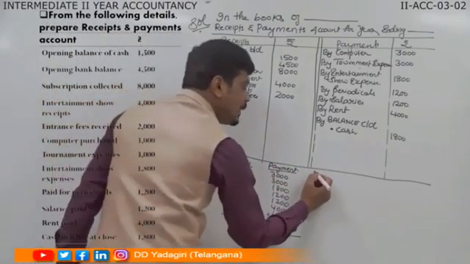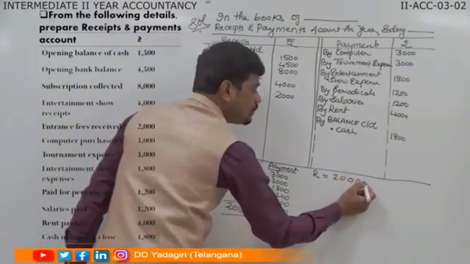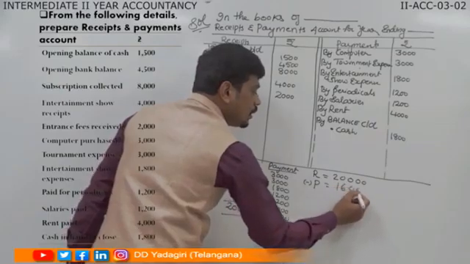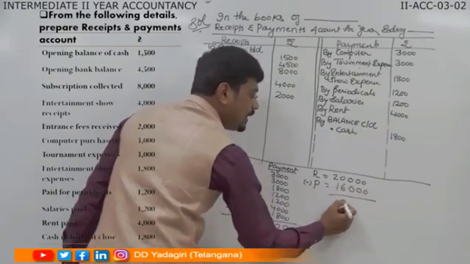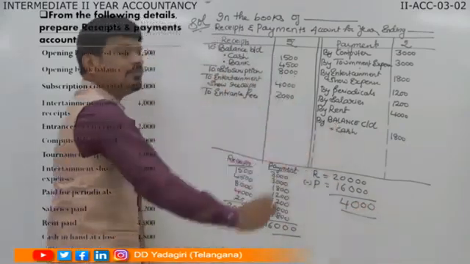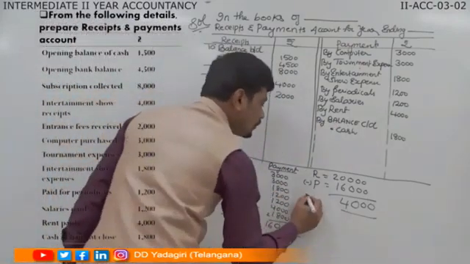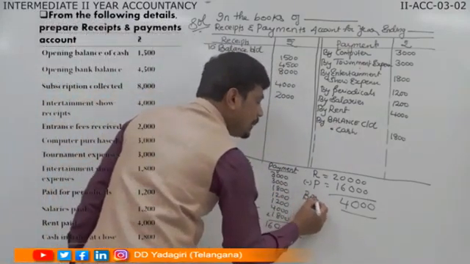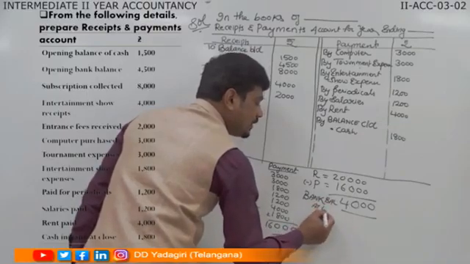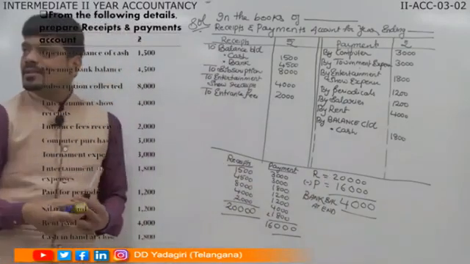So we'll see the balance now. Receipts are 20,000 minus payment 16,000. If we do the difference, we get 4,000. Since here we are given the balance of cash at end, this will be assumed as bank balance. This is bank balance at end. Now we are going to post it as the balancing figure.